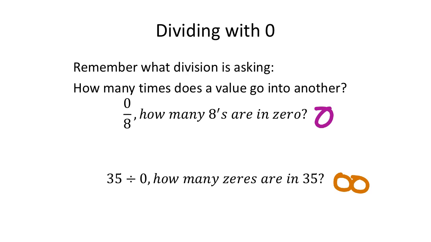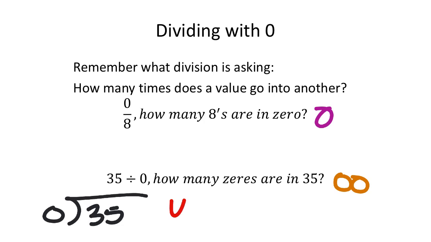In fact, let's look at this as just a straight division problem, right? 35 divided by 0. How many zeros are there in 35? 1, 2, 3, even more, right? It goes up forever, and it's still going up even right now because it's so big. It's what we call an undefined value because it is infinity.